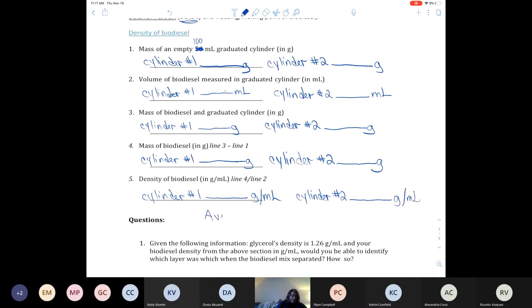And then calculate the average. These should be, if not exactly the same, very similar. We all should be familiar with how to do an average: add the 2 together and then divide by 2.